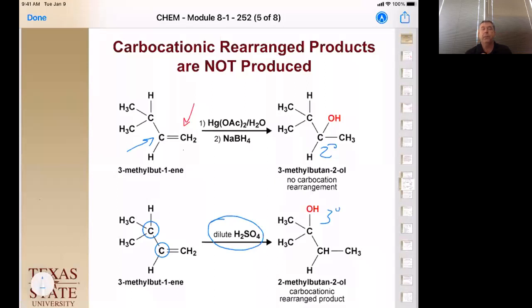Okay, so that's why we use oxymercurization, demercurization: the alcohol stays on the more substituted carbon of the alkene and does not rearrange. So if you wanted a secondary alcohol, the oxymercurization, demercurization might be the best choice.